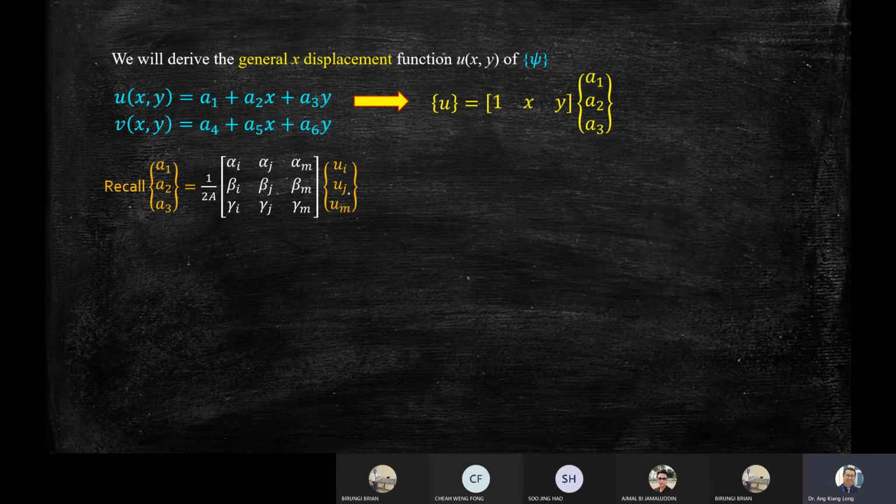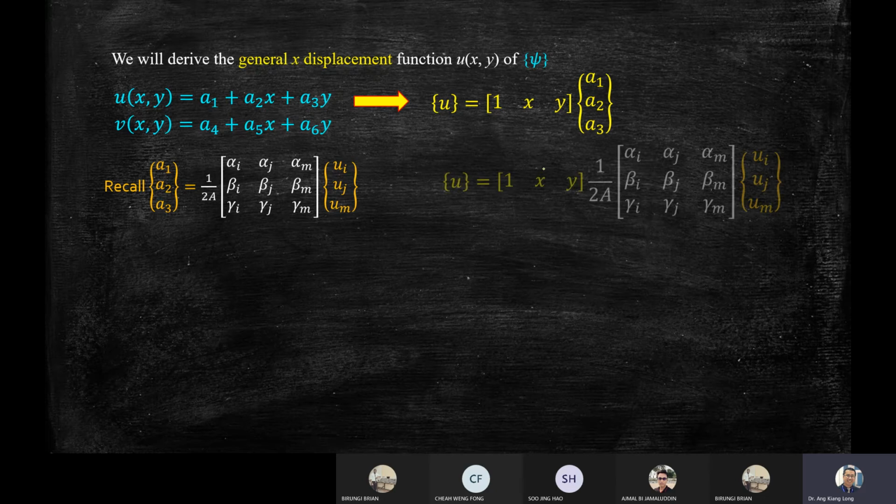Recall we just learned what a1, a2, a3 are by this equation. You just substitute inside there and you get a much longer matrix. So your u matrix now becomes 1 x y, times 1 over 2A and all the alpha, beta, gamma form, times ui, uj, um.